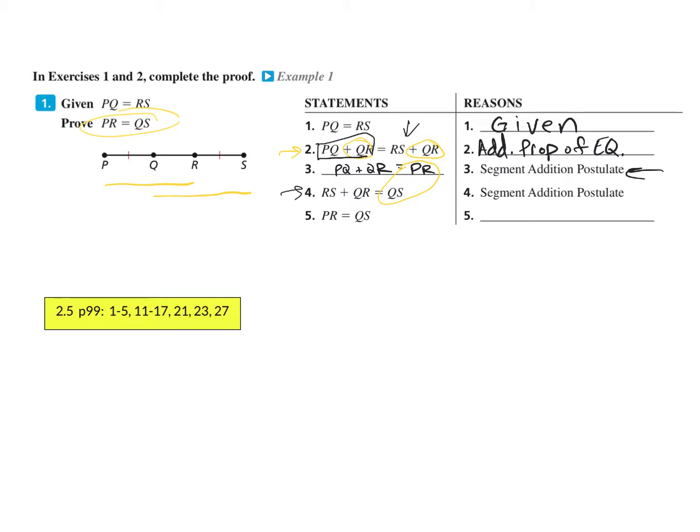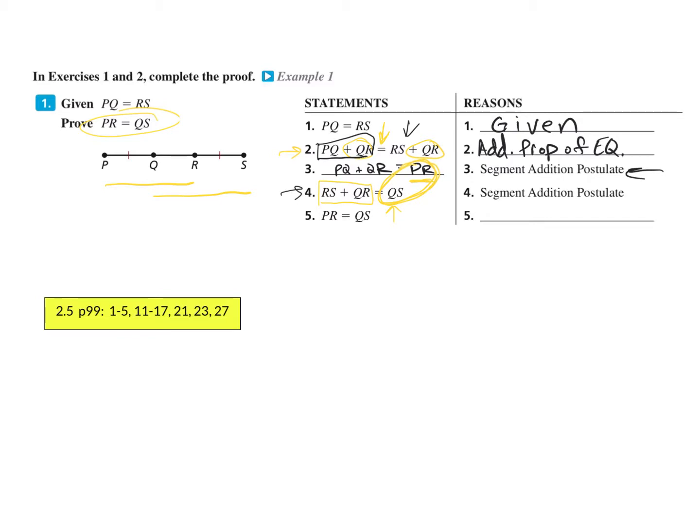So in line 2, PQ plus QR, that's where our PR is from. And we have an equal sign here. And the next part in line 2 is RS plus QR. That's this right here. That's equal to the QS. And because of the equal sign in line 2, we now can say that PR is equal to QS.